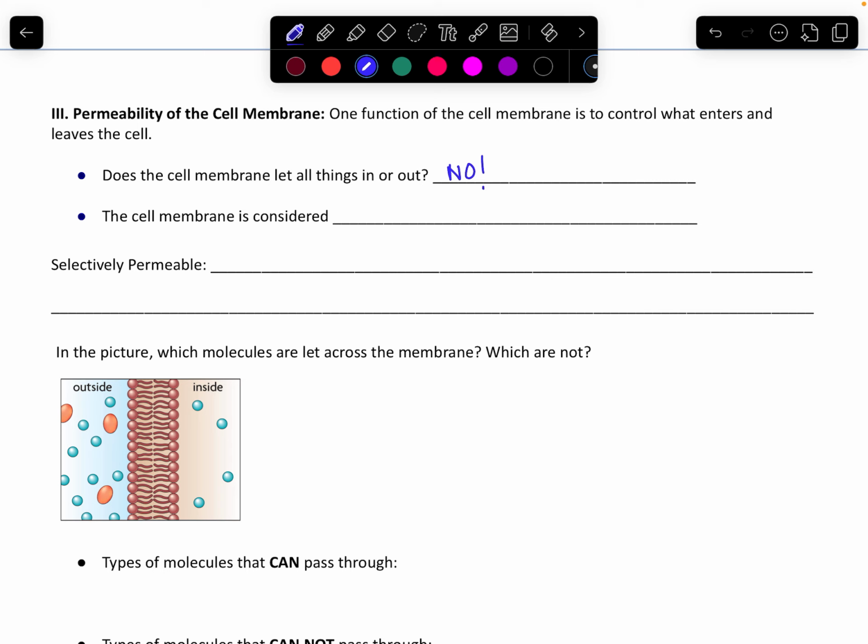So we say that our membrane is semi-permeable, or another way of saying that is selectively permeable, meaning it is able to select or determine what can pass or what cannot pass. So selective and semi-permeable, same thing. It just means that some substances can pass directly through.